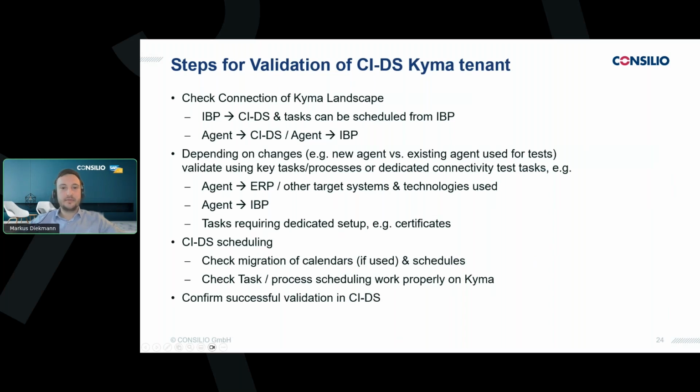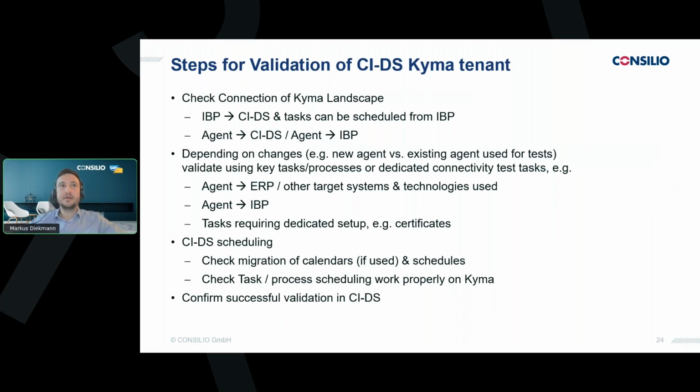Then after you have enabled that the IBP system can communicate with the CIDS Kyma tenant, and you routed the agent to Kyma, you can start with the validation of the CIDS Kyma tenant. This can be done by checking the connection of the Kyma landscape.